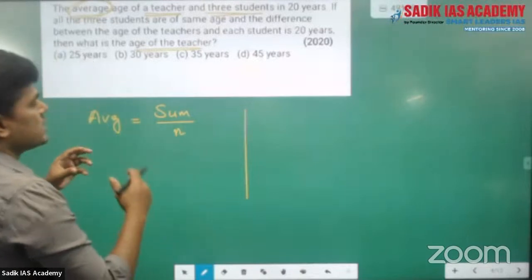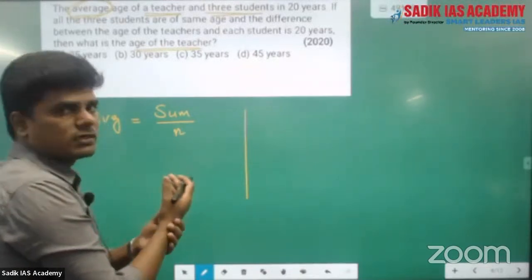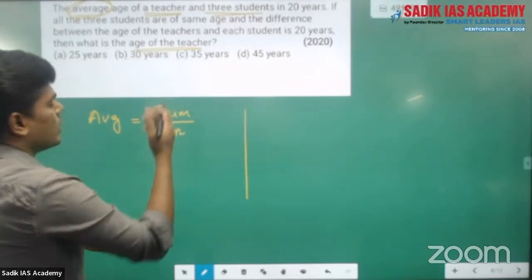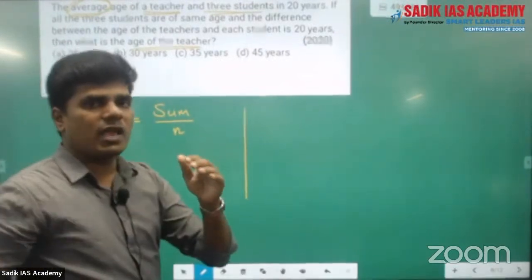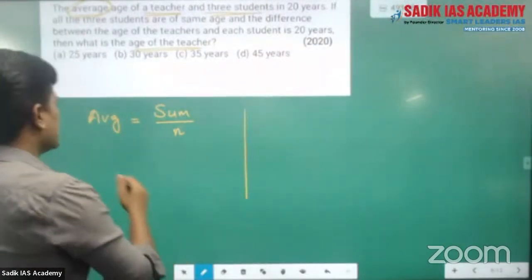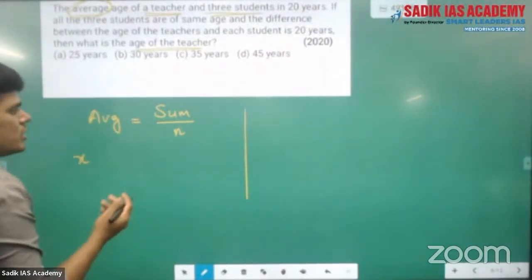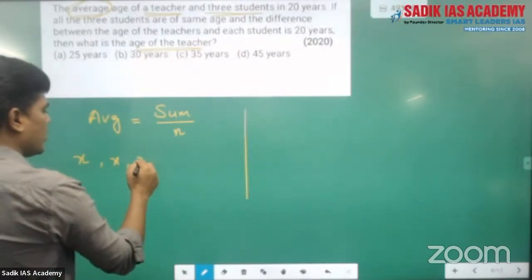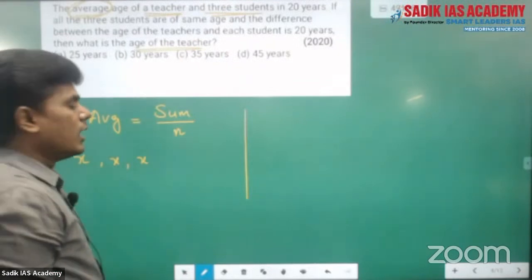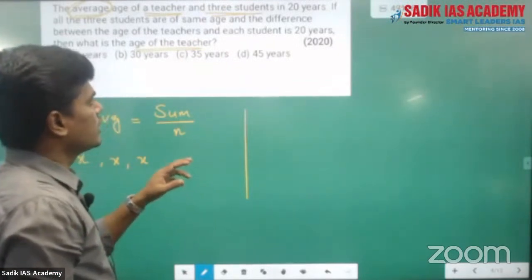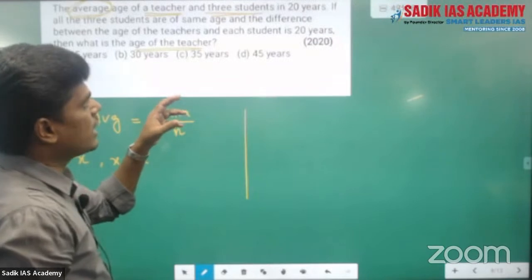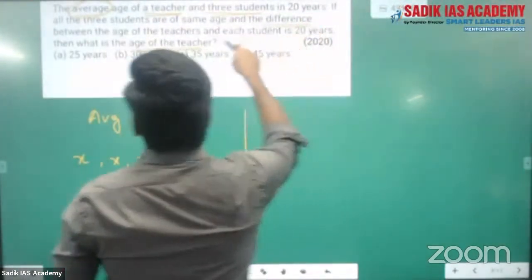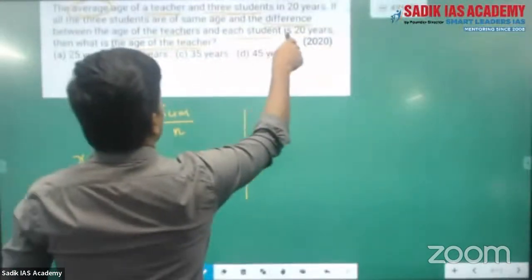See here, I don't know the age of the students and also the age of the teacher. But they have said 3 students are of the same age. That means I'll take one student's age as X, which means the 3 students all have age X. And they have given one condition with respect to the teacher and the student age: the difference between the age of the teacher and the student is 20 years.